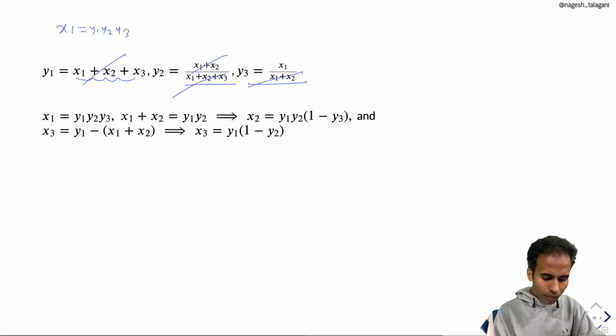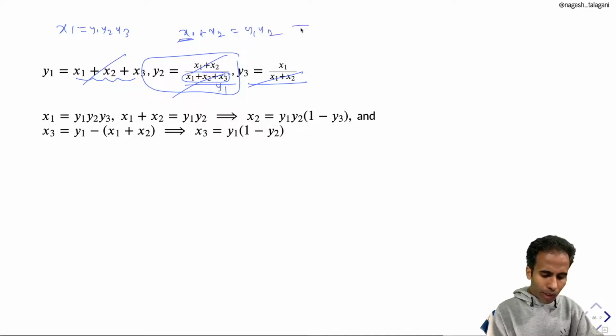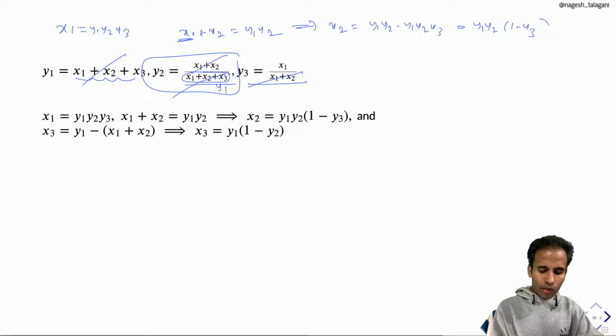Again, from the denominator X1 plus X2 plus X3, which I see as Y1, X1 plus X2 is going to be Y1 Y2. We already got X1 as Y1 Y2 Y3, so X2 is Y1 Y2 minus Y1 Y2 Y3. That means I can write Y1 Y2 times (1 minus Y3), that is X2.